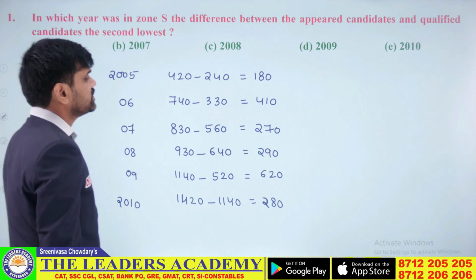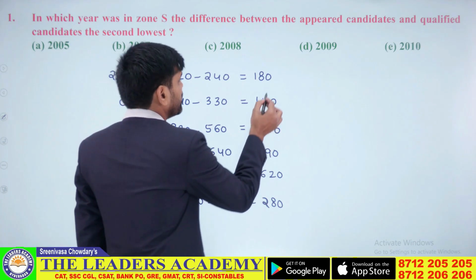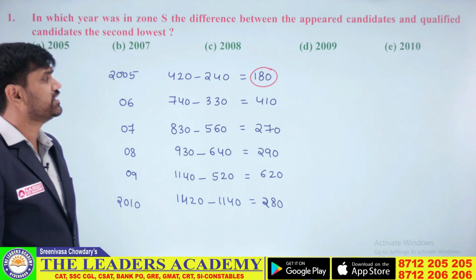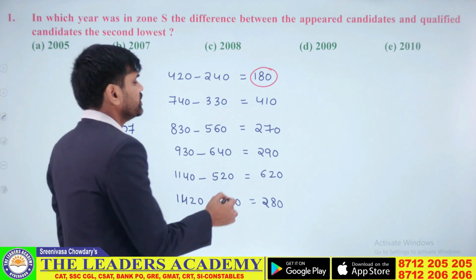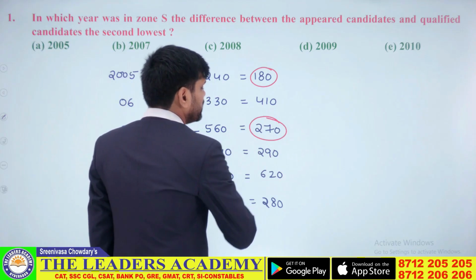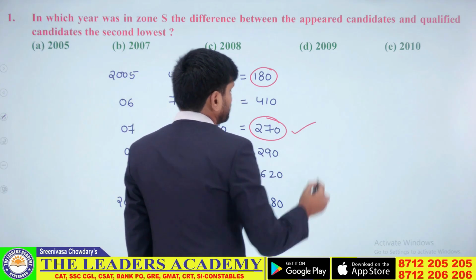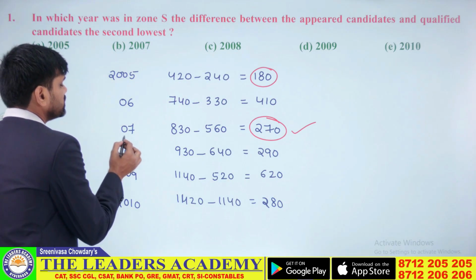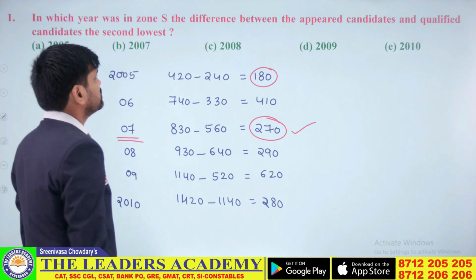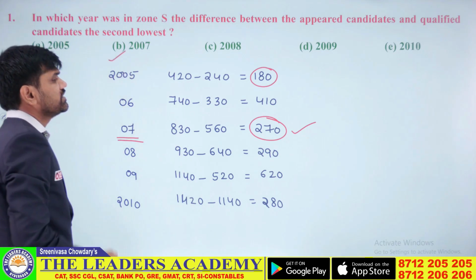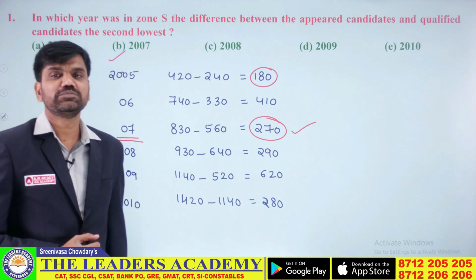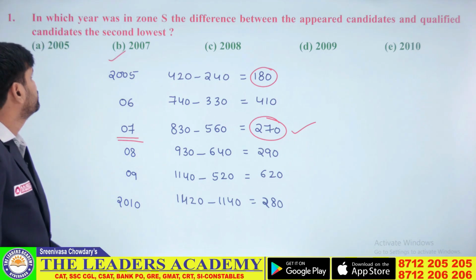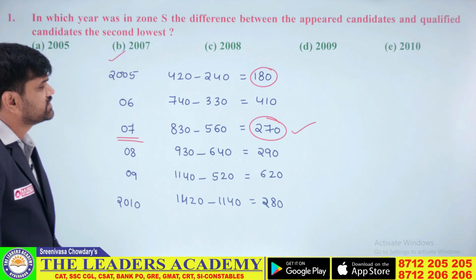The lowest over here is 180. Second lowest is 270. Hence your answer is in which year that is happening? In the year 2007. Hence your answer has to be option B. Right. Next, let's go ahead with second.